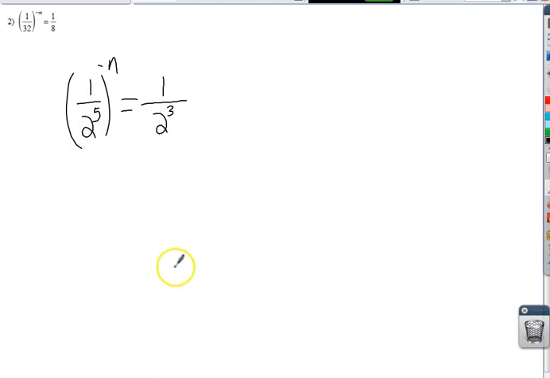Now, what I do here is I flip this fraction and make it negative. I also flip this fraction and make it negative. Now here I have a negative times a negative. That gets me a positive.